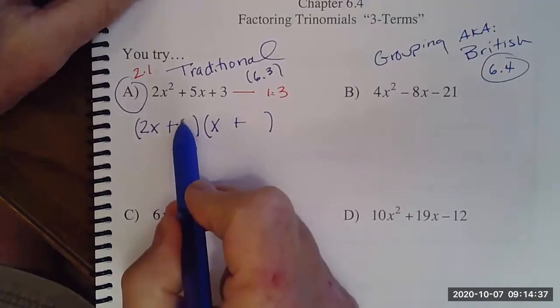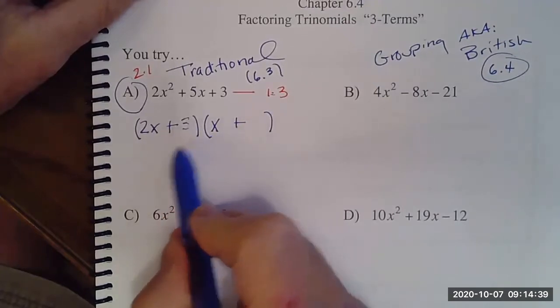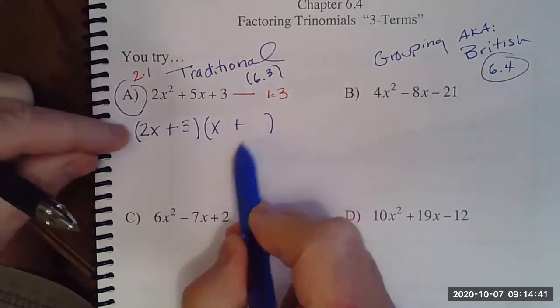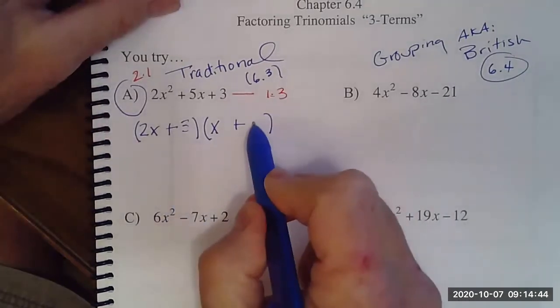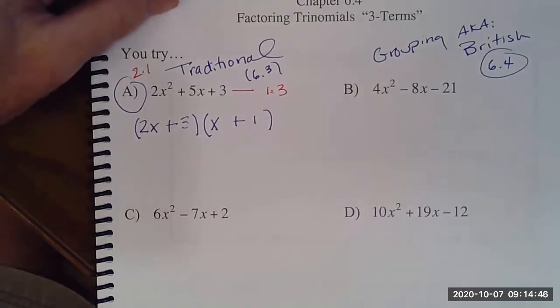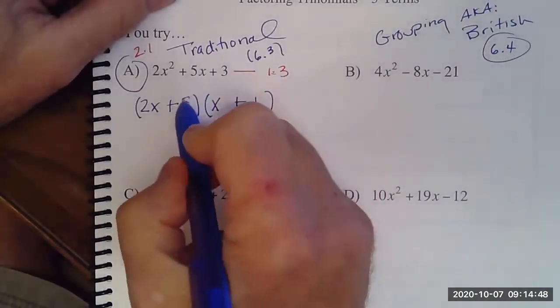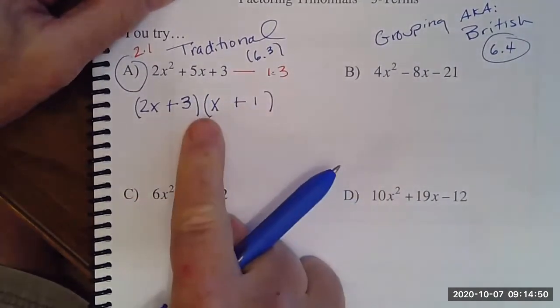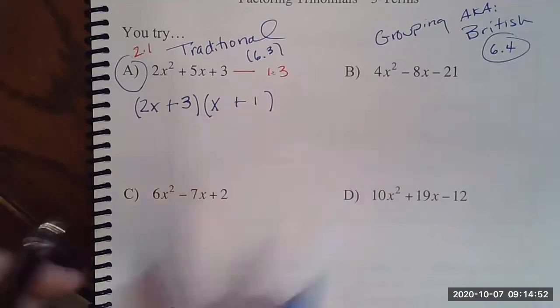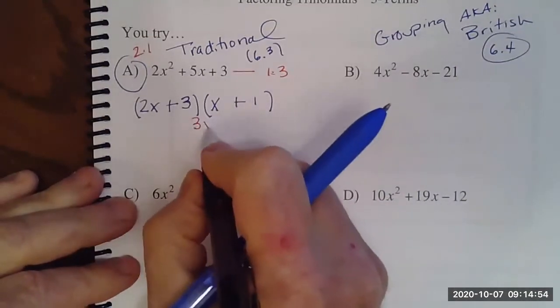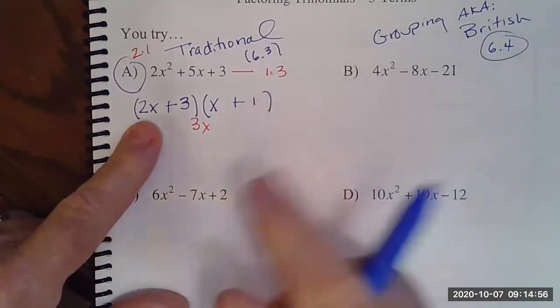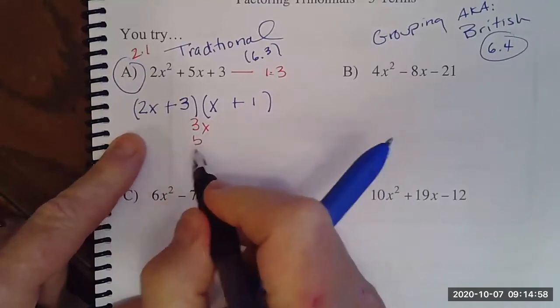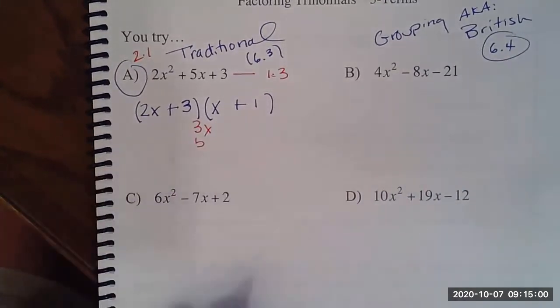The 3 should go here. If I put the 3 over here, that would be 6. That's too much. So I can put 3 there and 1 there, and I think I'm done, D-O-N-E. Again, it's inner 3x, outer 5x. I said that. I wanted to go for the answer too fast.